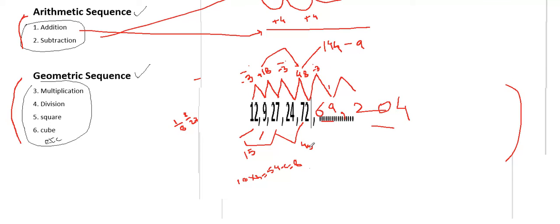So as you see, 15 into 3 is 45. So the next number here, because this one is simply minus 3, as there are two sequences in one sequence here, 45 into 3 is 135. So you add 135 to 69 and you get 204.